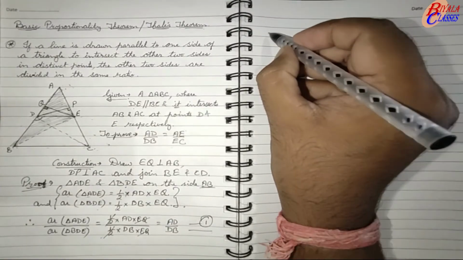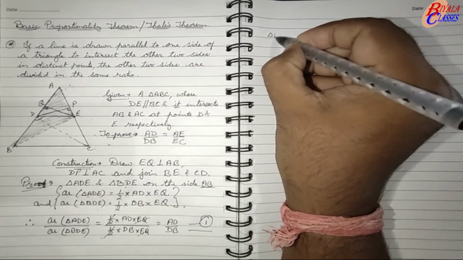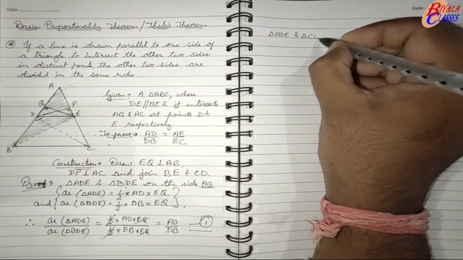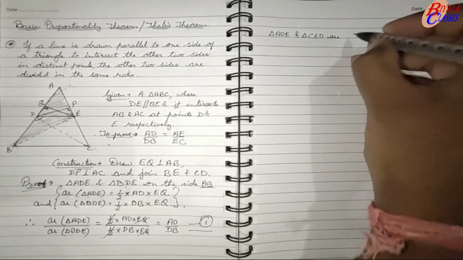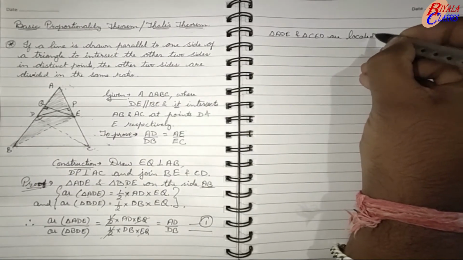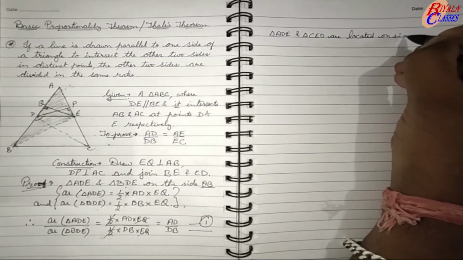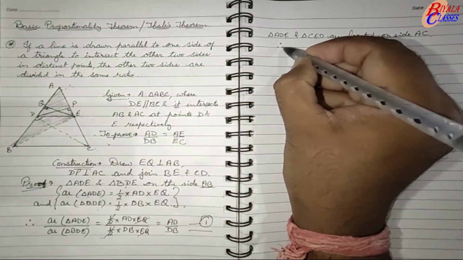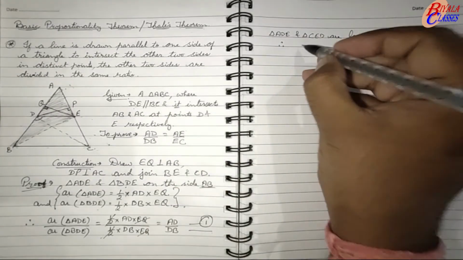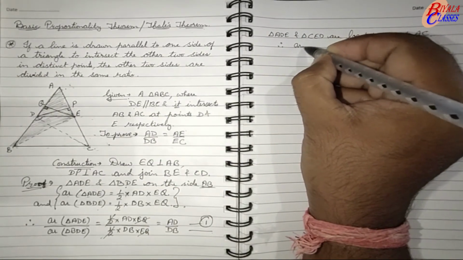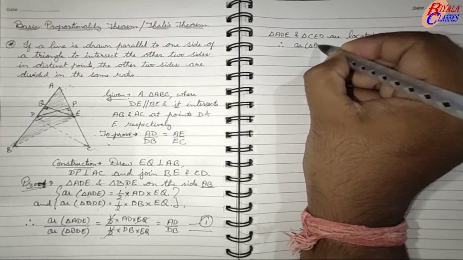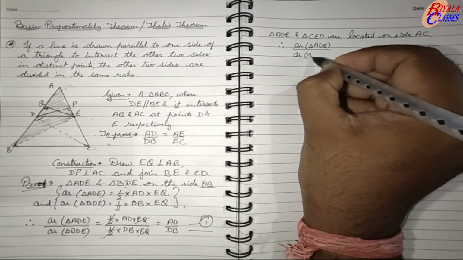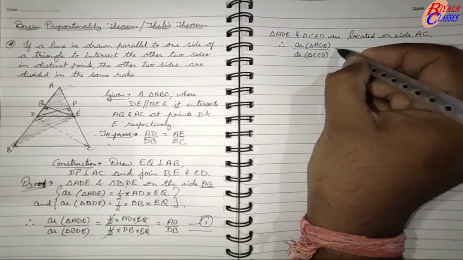So we can say that triangle ADE and triangle CED are situated on side AC. Therefore, doing the same thing, taking their areas, let me reduce the steps here. Let's take this ratio of the areas straight away: area of triangle ADE upon area of triangle CED.